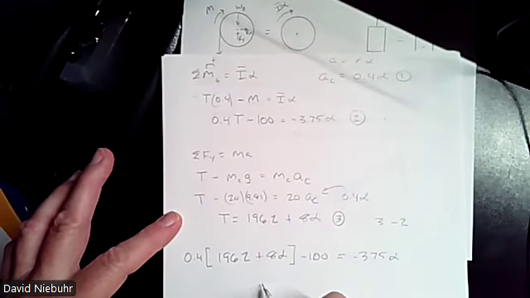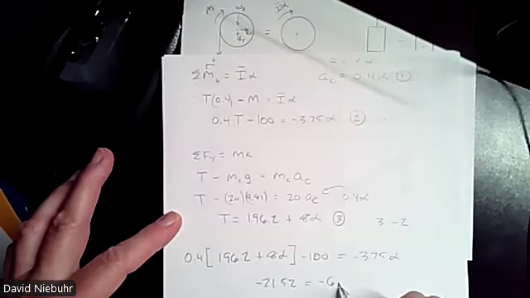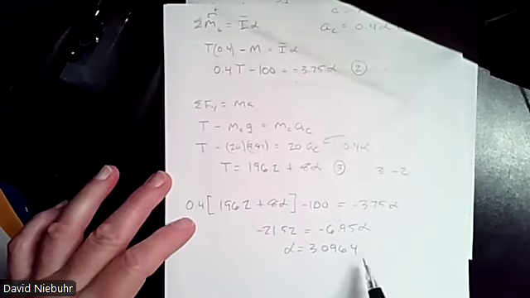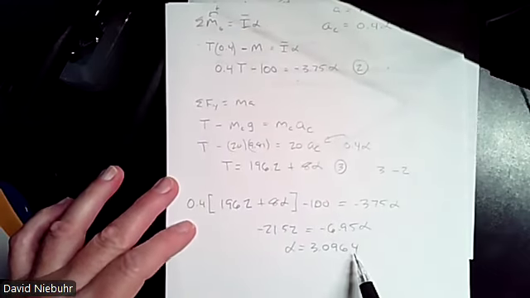So we end up with negative 21.52 equals negative 6.95 alpha. Alpha equals 3.0964. Extra sig figs because I'm ultimately interested in tension.